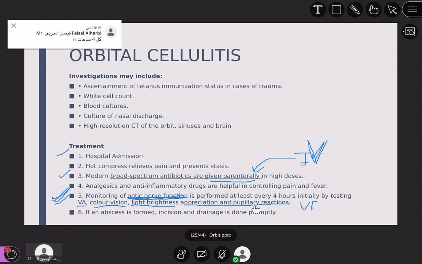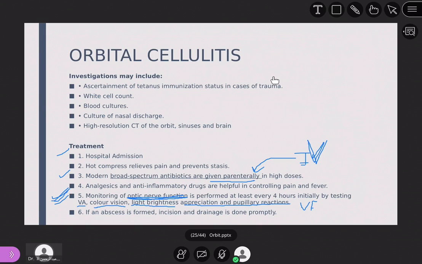If pus is formed, incision and drainage is done. Monitor every 4 hours, well, at least every 8 hours, because this inflammation infection is sometimes very bad. Within a day you may completely lose the vision if you did not treat it quickly, and if you did not monitor it very well.